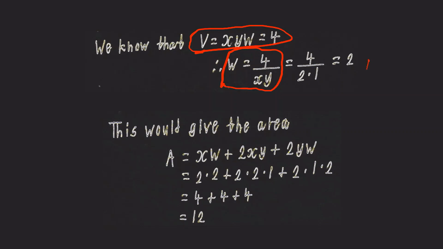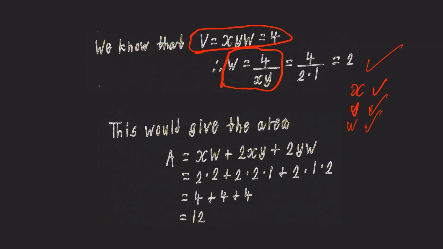And it turns out that w is 2. So now we know all the dimensions x, y, and w. x and y we found with calculus, and w we simply substituted, knowing that it's dependent on x and y.